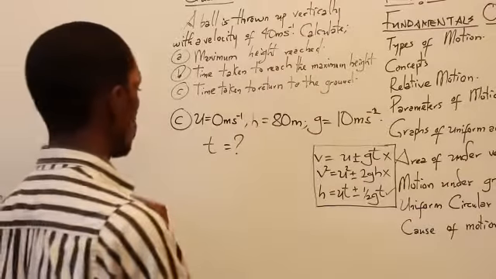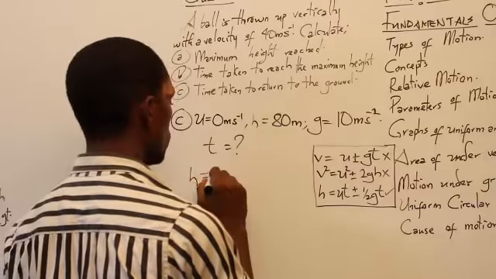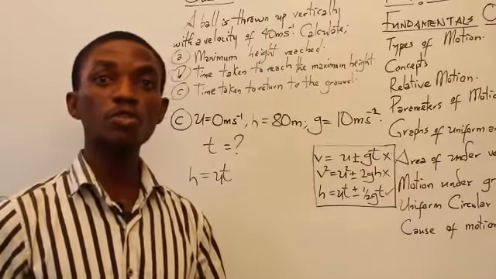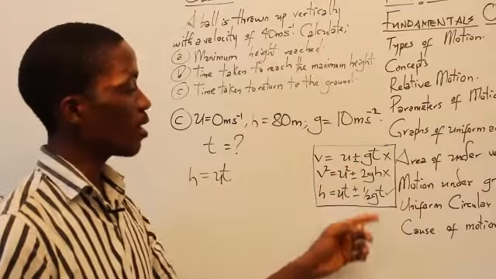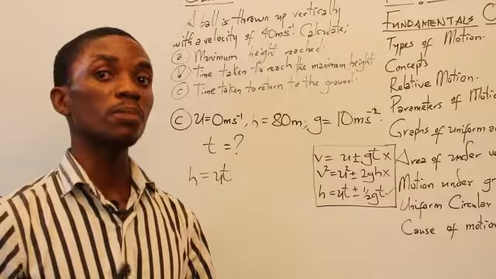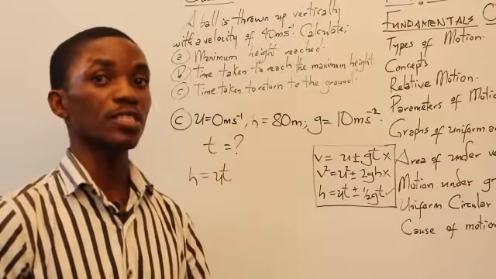So I'll write it out. H equals ut. Now, in previous questions, we have been using minus among all our options. But this time around, we would not be using minus because our motion is now in support of gravity.